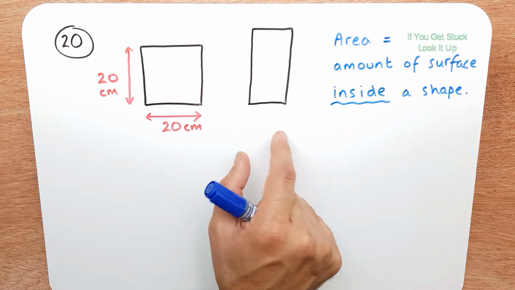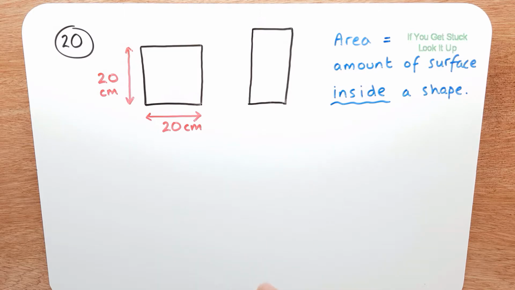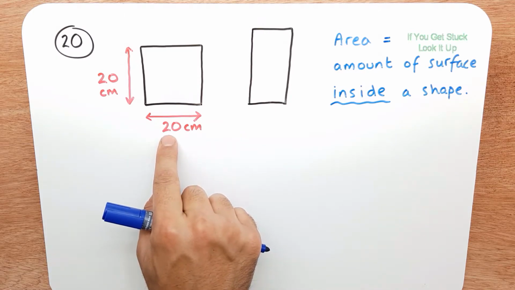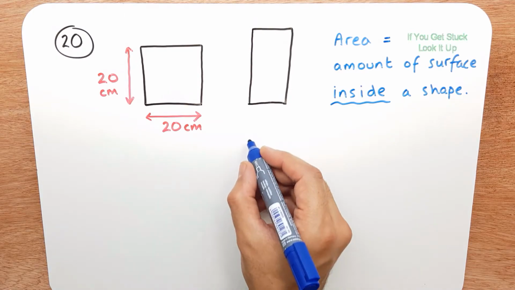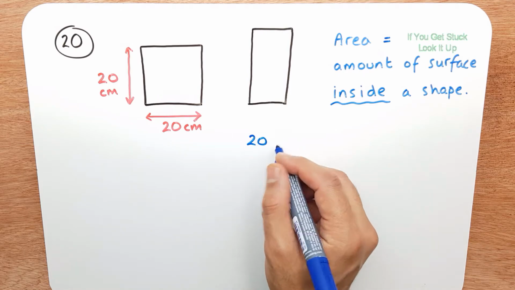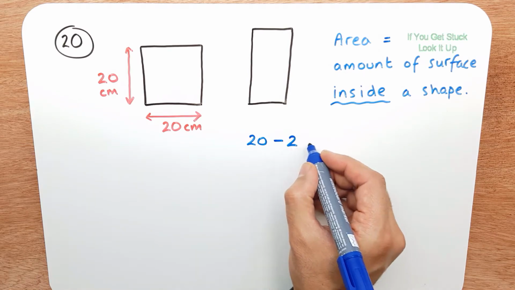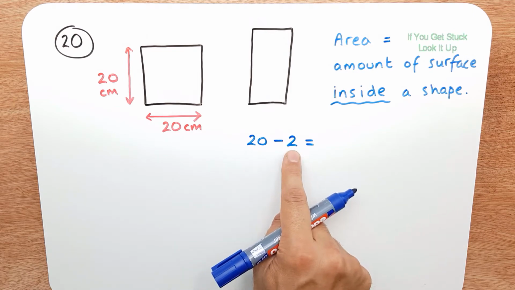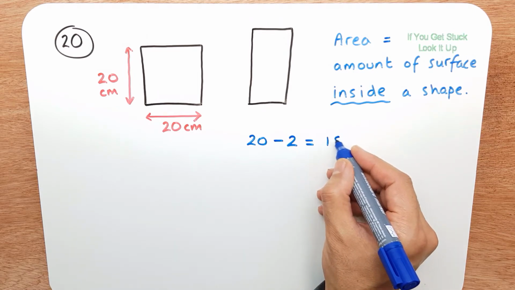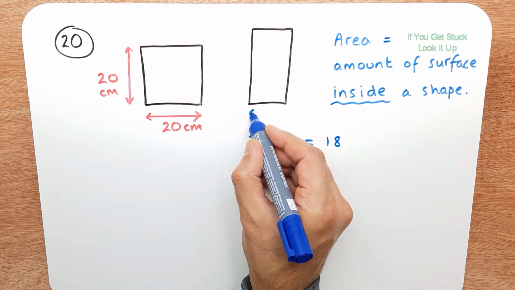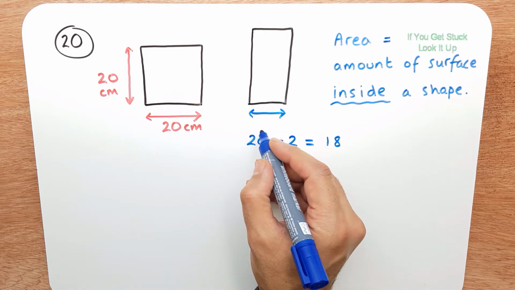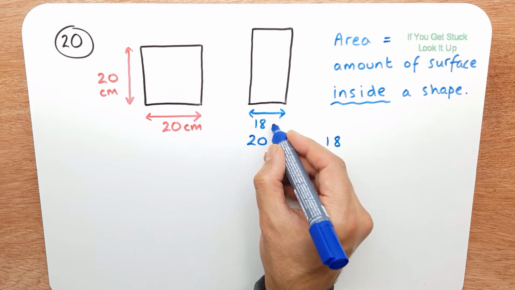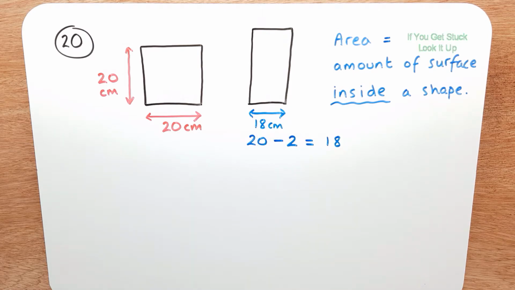That simply means that it's just slightly thinner. So we need to take 2 centimeters away from there. So we do 20, take away 2. And if you count backwards from 20, you end up on 18. So now we know that this dimension here is 18 centimeters.